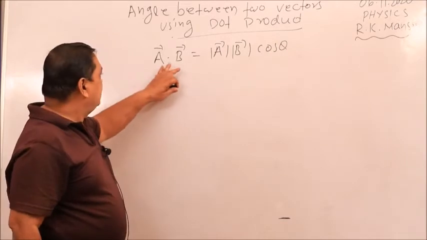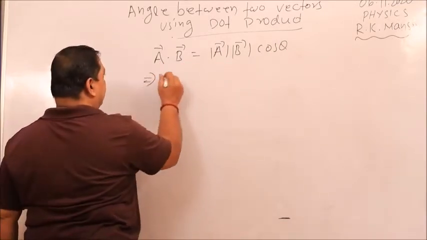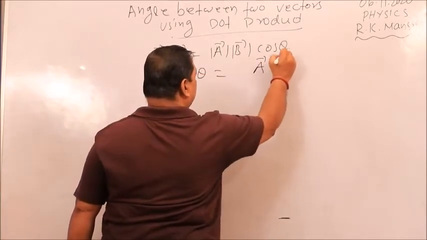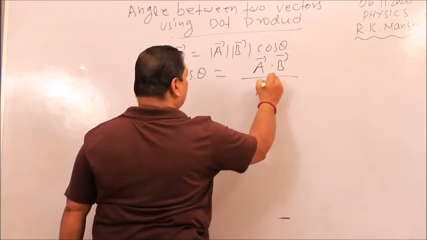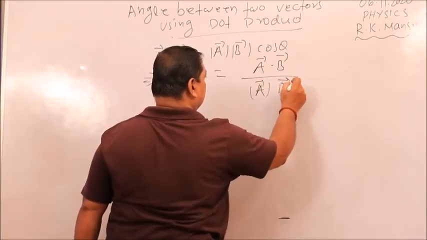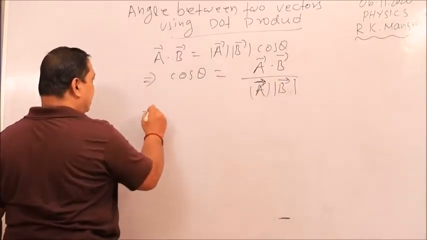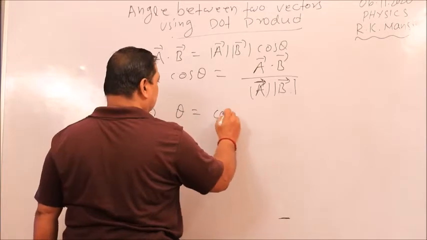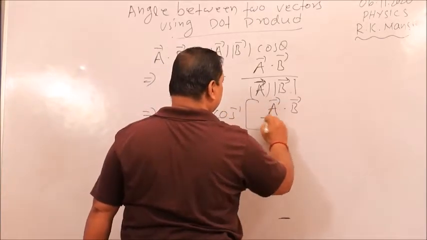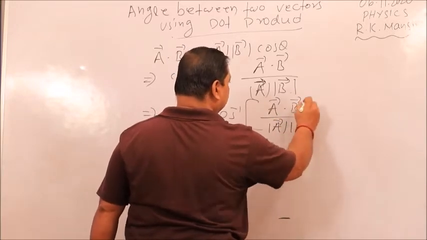Modulus A is the magnitude of vector A, modulus B is the magnitude of vector B. This implies cos theta equals A dot B by modulus A modulus B. Then angle theta equals cos inverse of A dot B by modulus A modulus B.